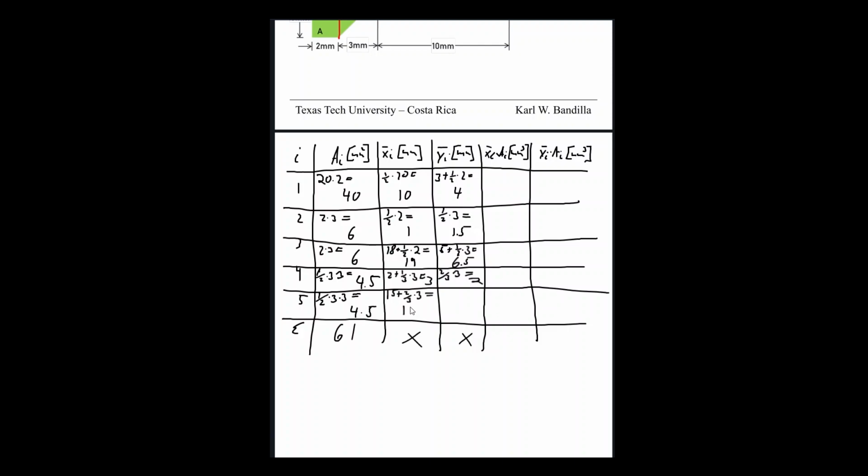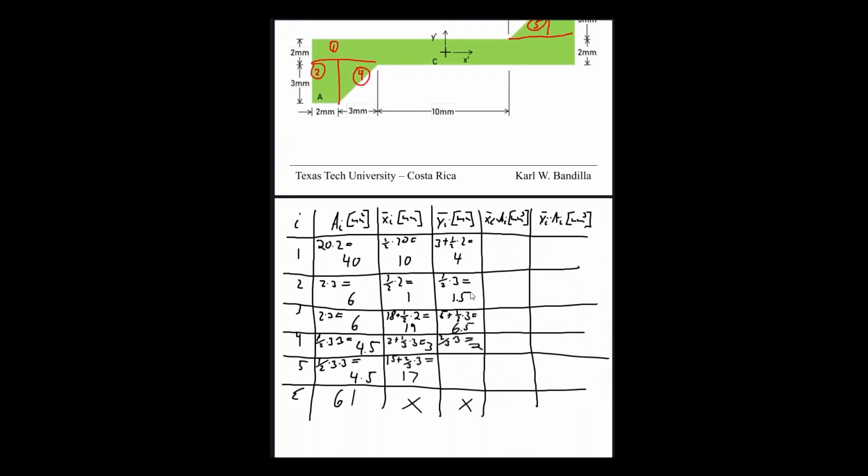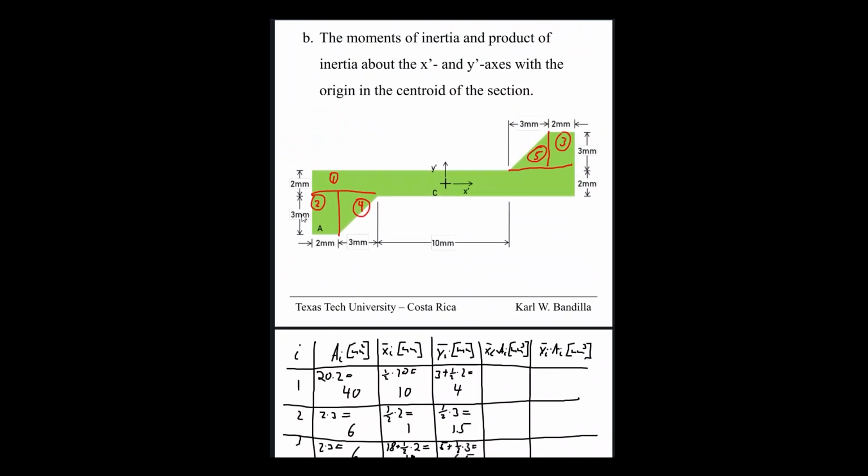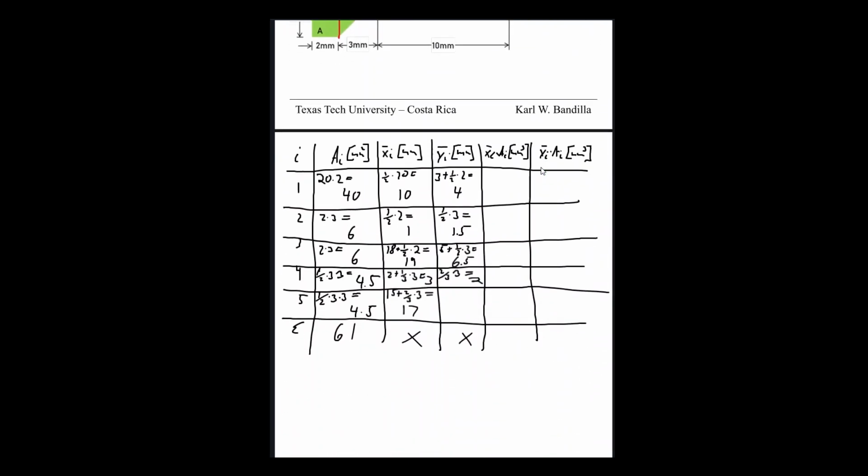That is 17. And in the y direction, let's see, this is what I'm looking for. So I have to go 5 plus 1/3 times 3. That would be 6. That looks about right.